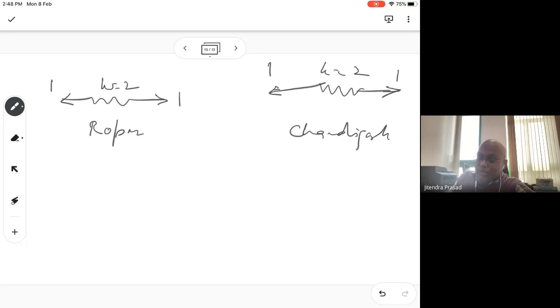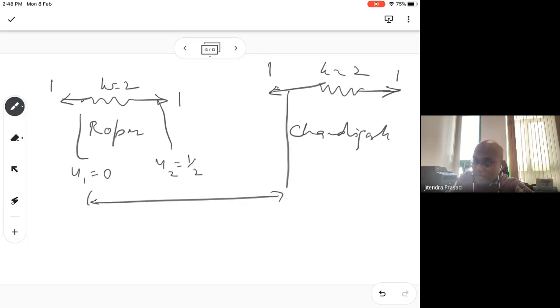Regardless of what you are giving, if the solution here is, let us say, U1 equal to 0, U2 equal to half, you add to that any value, say 5.